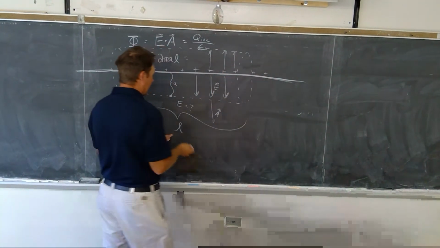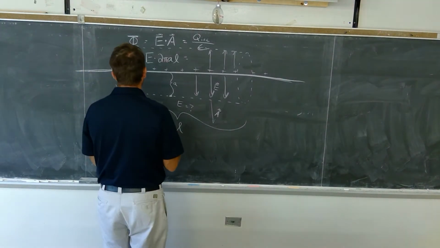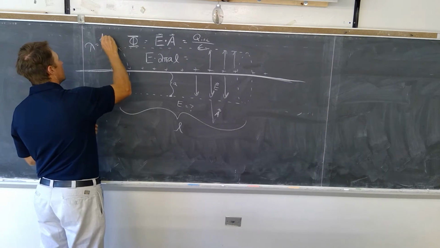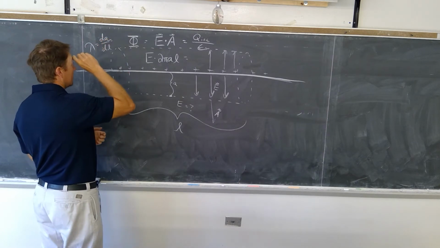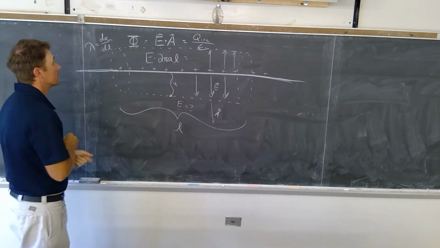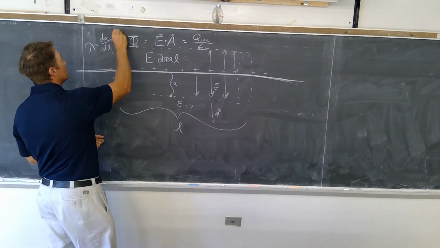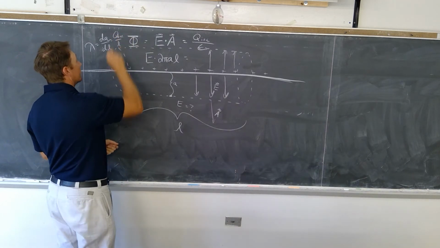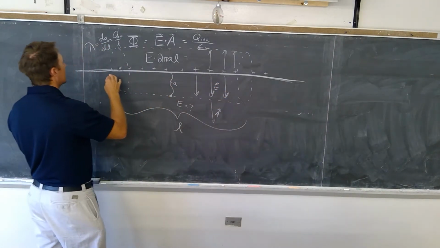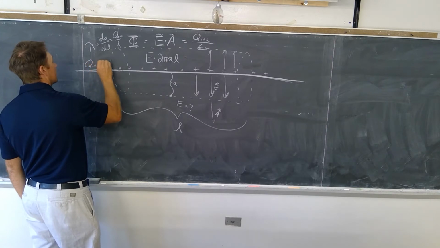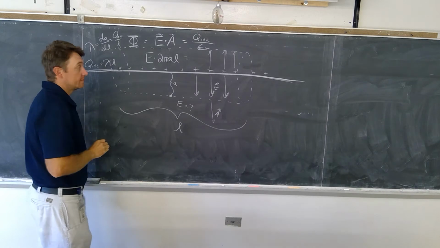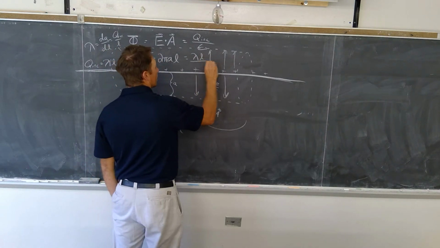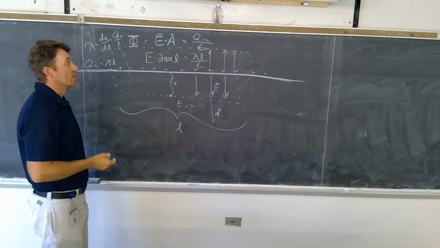I'm cutting it off right here at this length L. But what I do have is the idea of lambda, which you all previously knew as charge dq/dl, or another way to write it would be the total charge divided by the total length, Q over L. Well, if this is a uniform charge distribution, then we could say that the Q enclosed is equal to lambda times L. So over here, I would have the lambda, the linear charge density, times the length divided by epsilon naught, which is equal to the charge enclosed over epsilon naught.